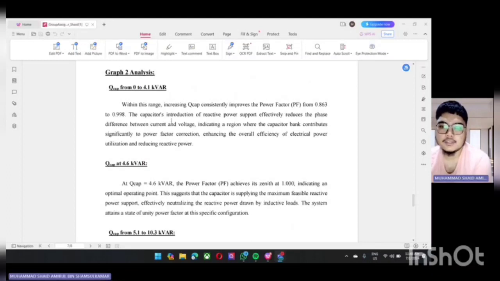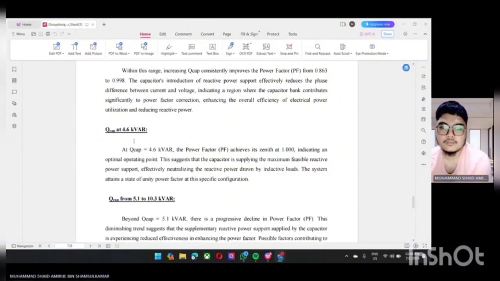The capacitor's introduction of reactive power support effectively reduces the phase difference between the current and voltage, indicating a region where the capacitor bank contributes significantly to power factor correction, enhancing the overall efficiency of the electrical power utilization and reducing reactive power.